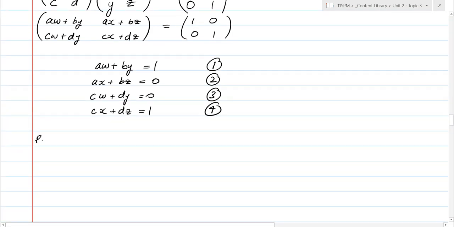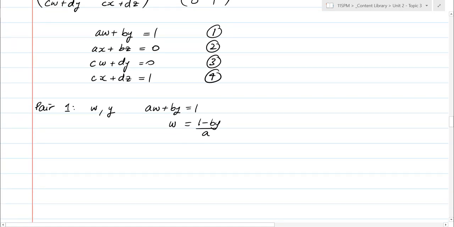So we'll call this pair number 1, and I'll do the W-Y pair. So we have AW plus BY equals 1. And if I rearrange this, hopefully you can see that W is equal to 1 minus BY over A. So that's my W, and that's the first equation, which is still equation number 1.